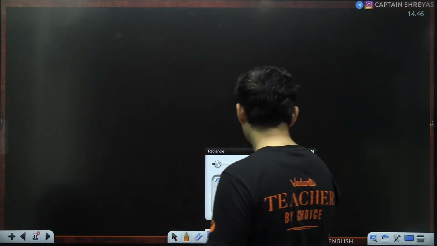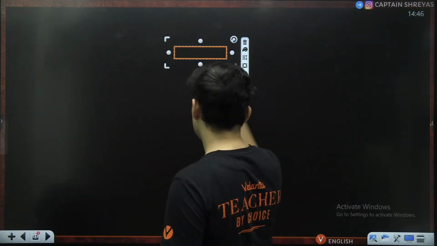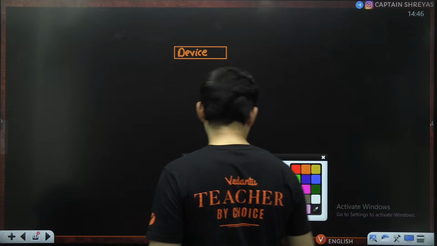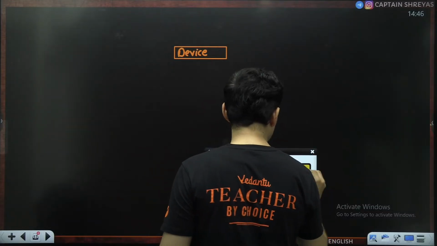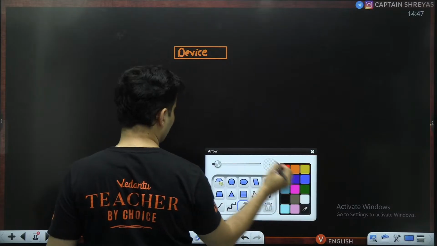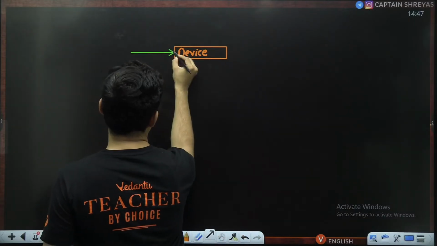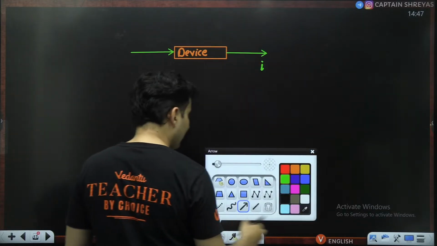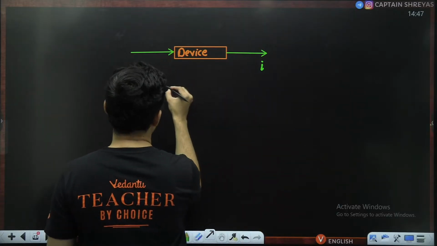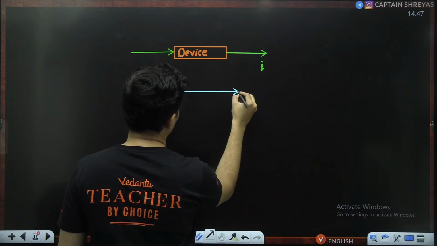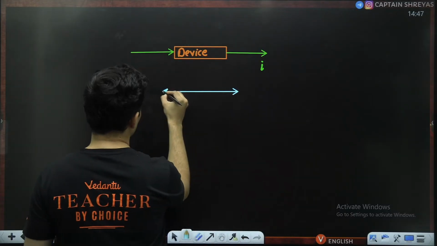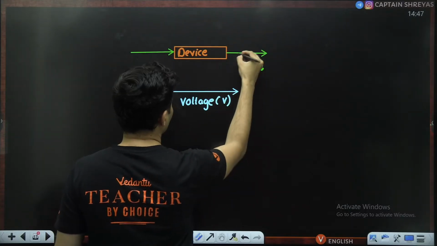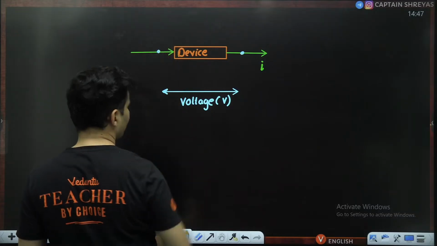Meaning, say for example, you have some device over here, and there is some current which is passing through it, and across it you are measuring some voltage V between this point and this point.